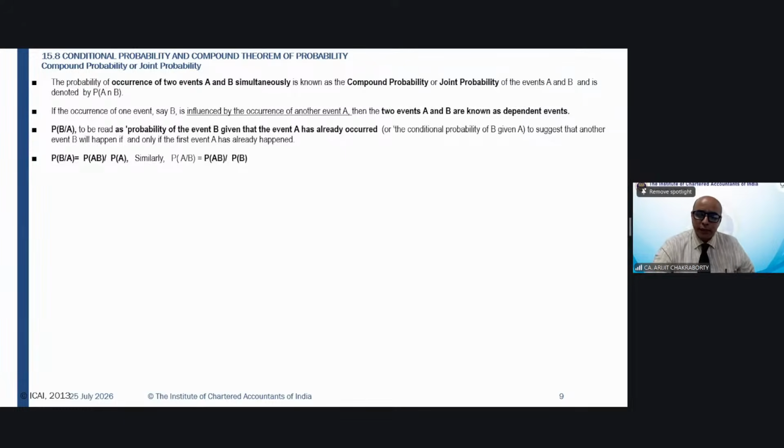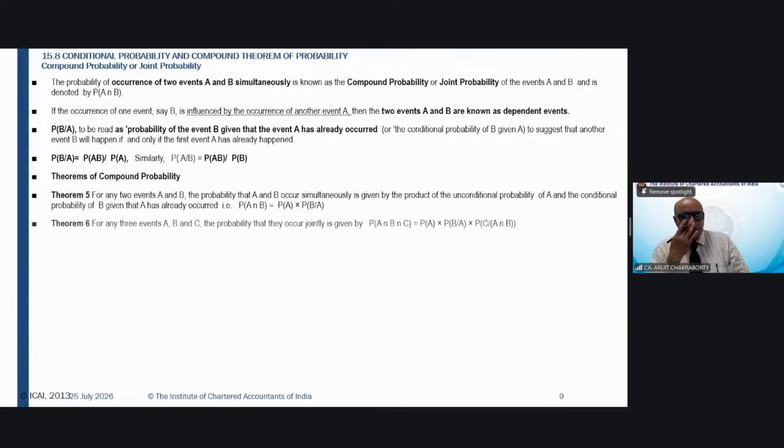Alternatively, we can write P(AB) as P(B) multiplied by P(A/B). So we see the two theorems or the two formulas on this slide, and this deals with conditional probability.